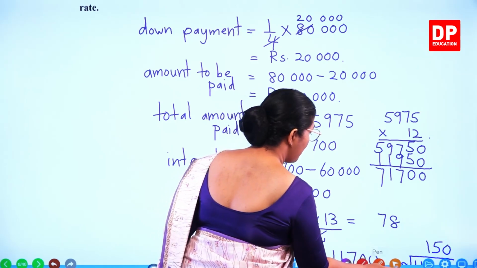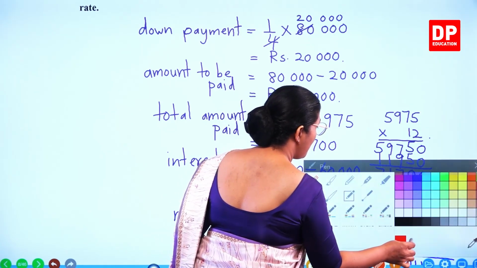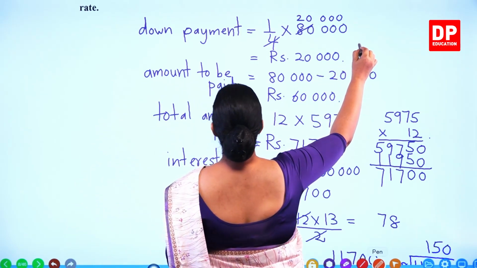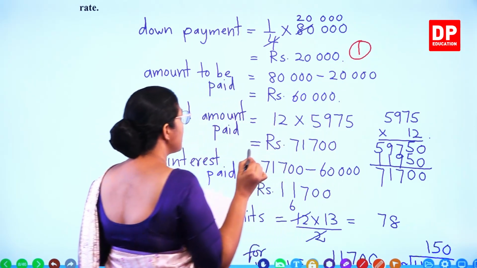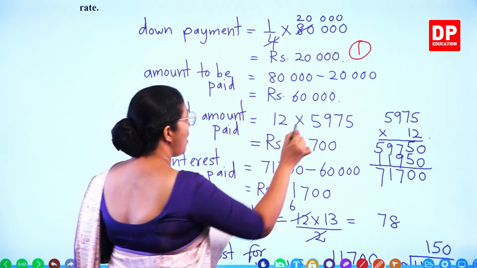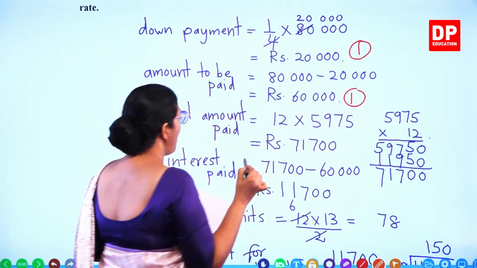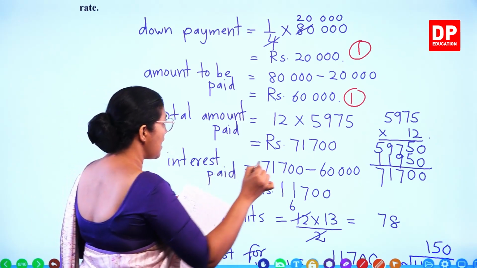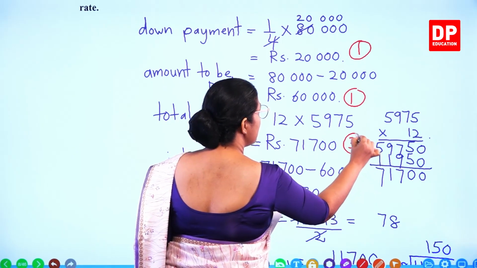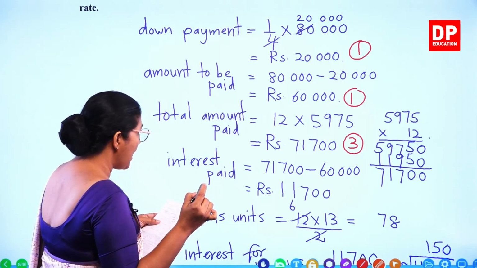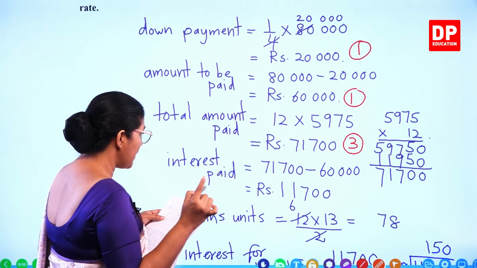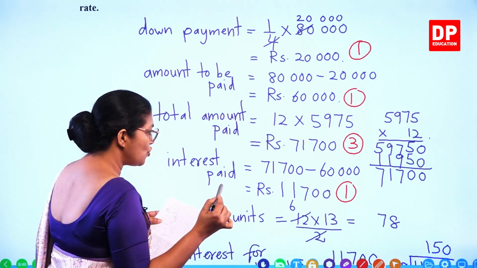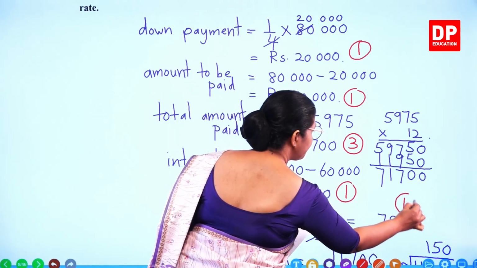So let's give marks for the first part: calculating the down payment, 1 mark, and then 1 mark for calculating the amount to be paid. Then for this answer, 3 marks: multiplying by 12 and subtraction to find the amount, 1 mark, and months unit, 1 mark.